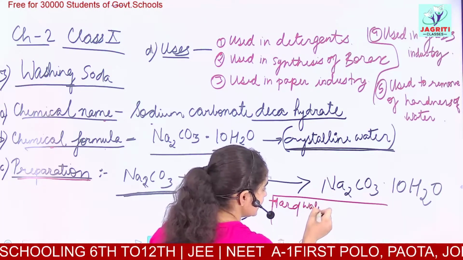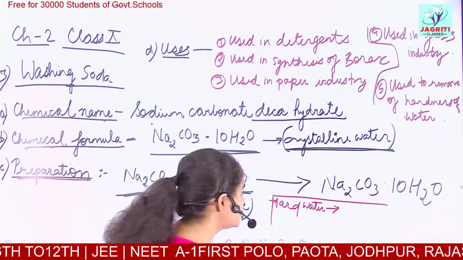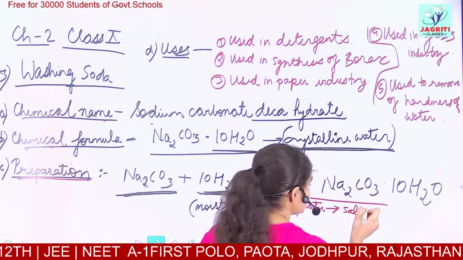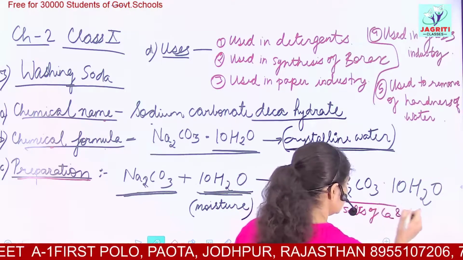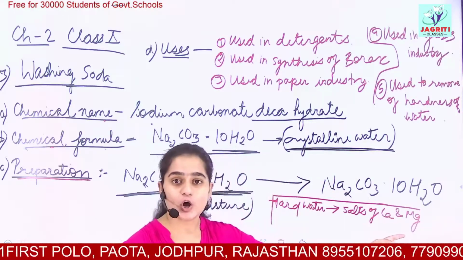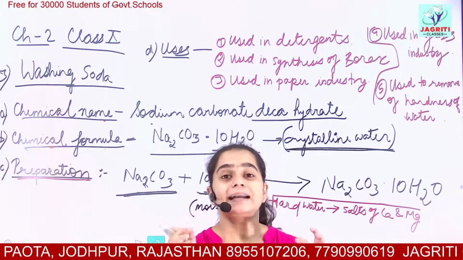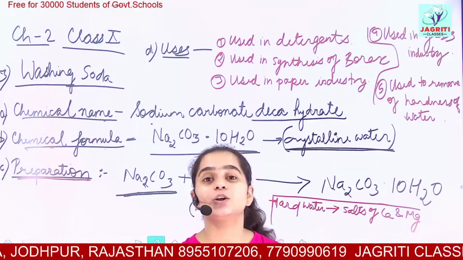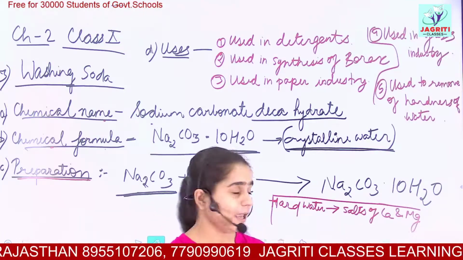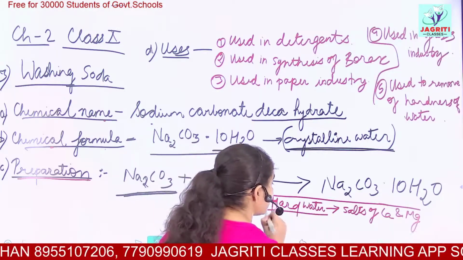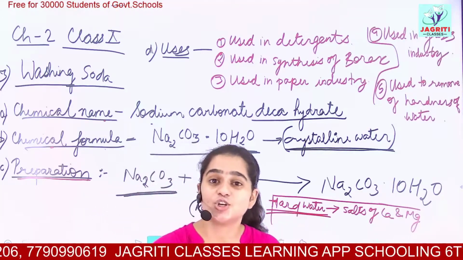Hard water contains salts of calcium and magnesium. It has various salts of calcium and magnesium. And due to the presence of these salts, the soap can't perform well in hard water. That is, if you have a stained or dirty cloth and you try to wash it with the soap, then in the presence of hard water, the soap does not perform its action of cleaning.